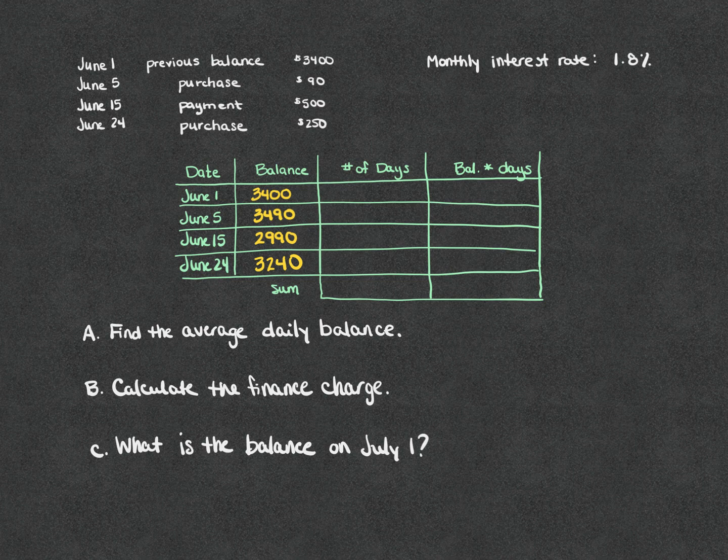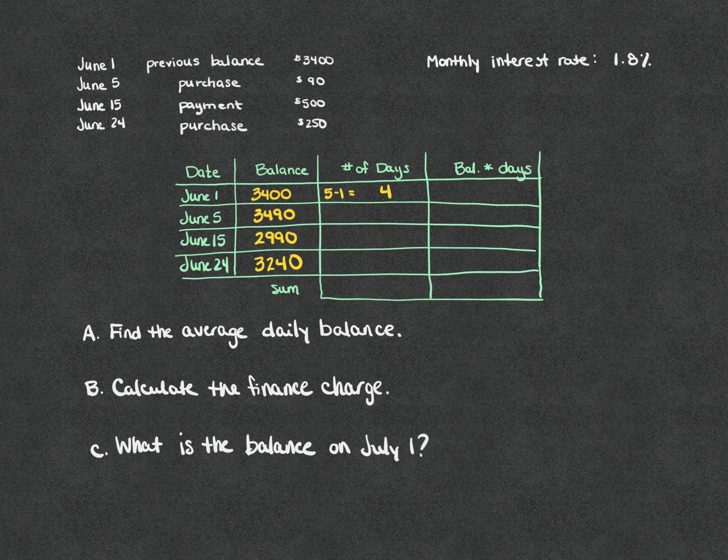When it comes to the number of days, that's exactly what we're going to figure out: how many days the balance was that given amount in the table. For the first entries, all but the last one, we can actually subtract. So for number of days, if we take June 5th minus June 1st, we will discover for 4 days, that's what the balance was: June 1, 2, 3, and 4.